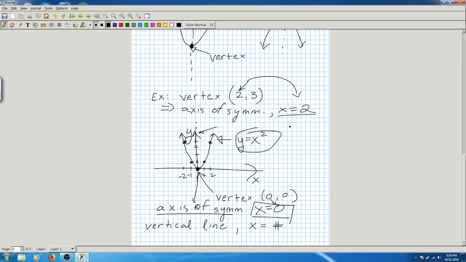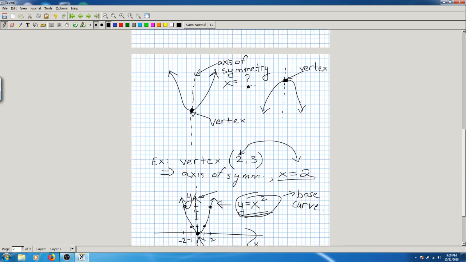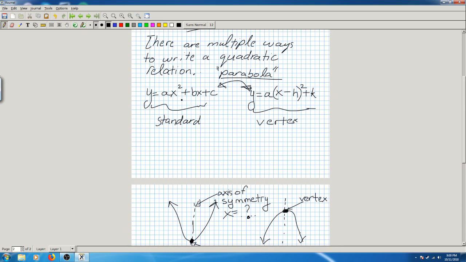In addition, we call this guy the base curve, because it's the simplest quadratic relation. If I look back on my standard form, I have no a value. I mean, I do. It's a equal 1. I have no b value. B is 0 and c is 0.